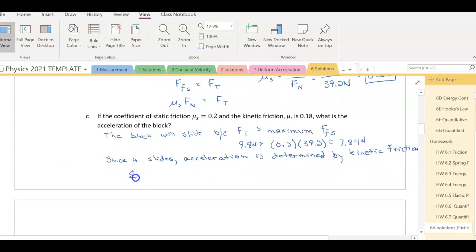So the net force in the horizontal direction will be the tension force minus the force of kinetic friction, which will be 9.8 minus 0.18 times the normal force, which is 39.2.